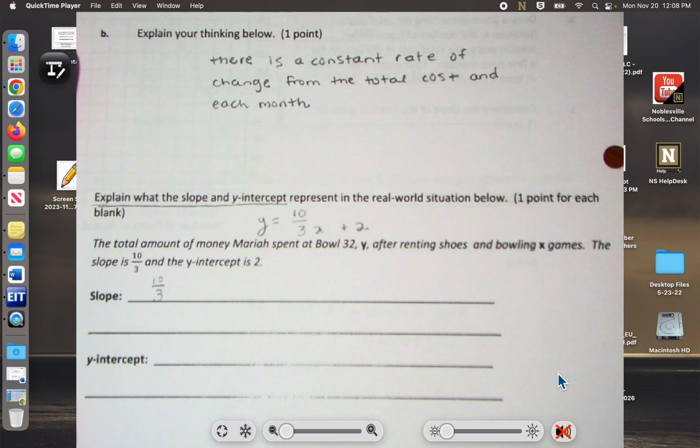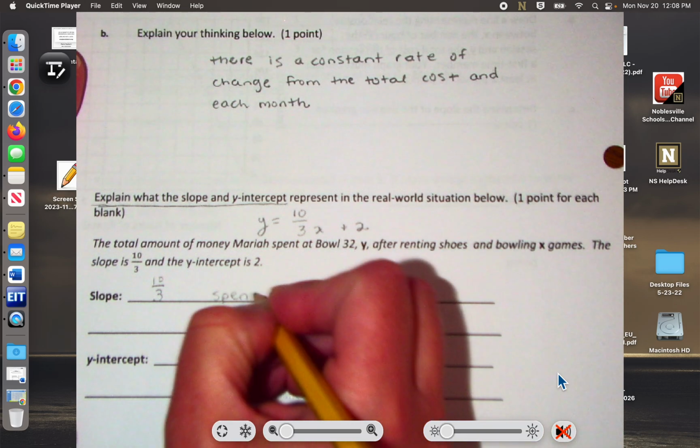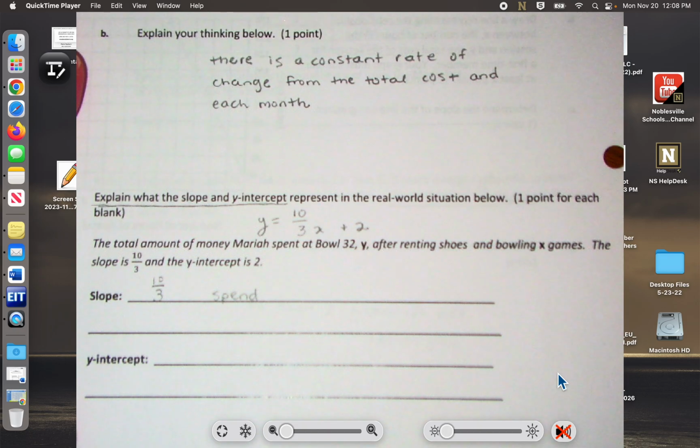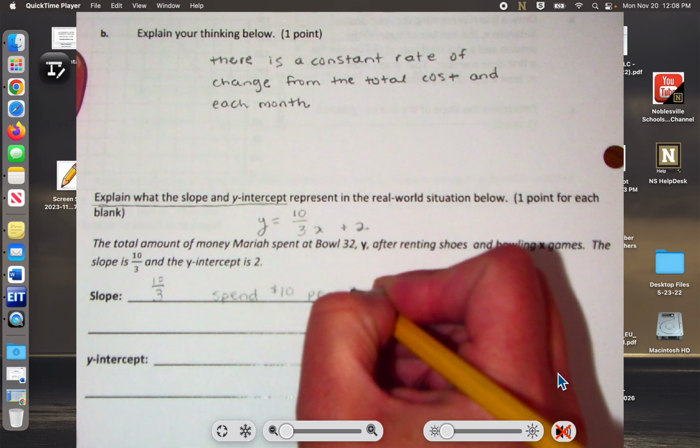You could, yes. Vlad, what does the 10 stand for? What does the 3 stand for? Renting shoes and bowling games. Okay. Well, the 10 is you spend $10 per 3 games.